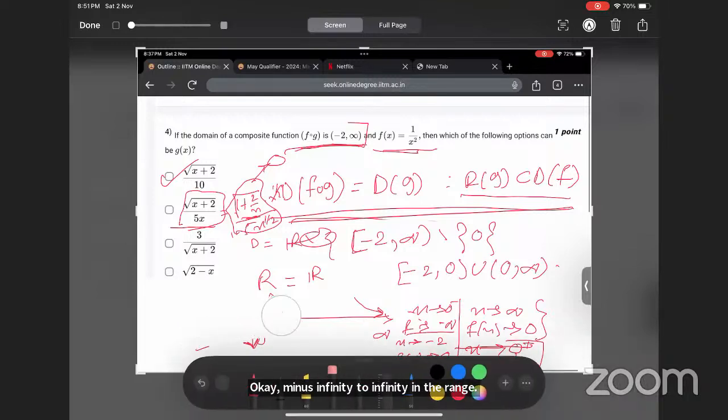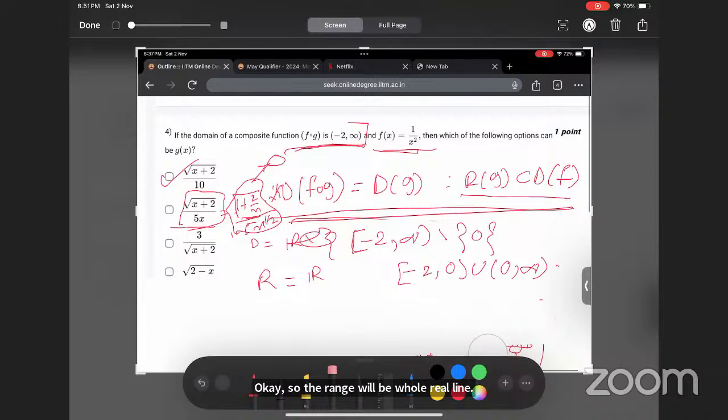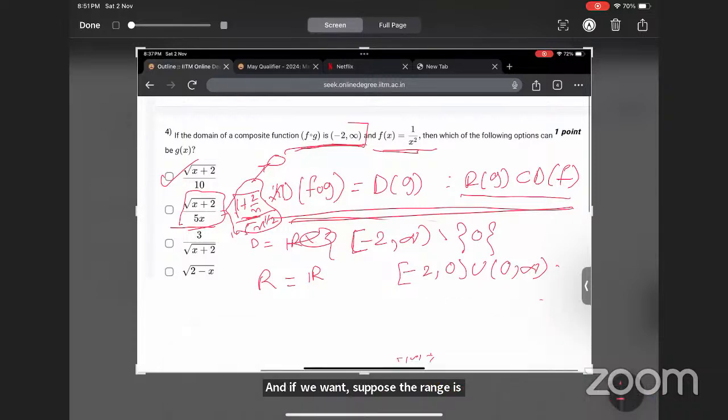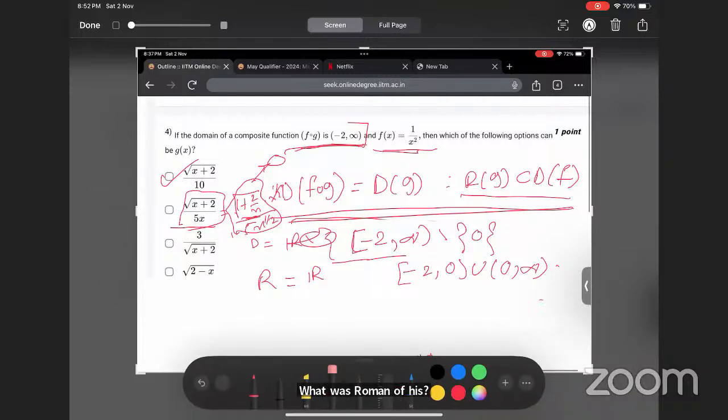And suppose we want the range to be a subset of the domain of f, that means we have to restrict it to the domain of f. What was the domain of f? R minus 0, ma'am.